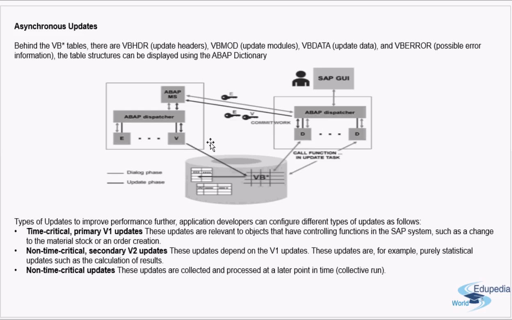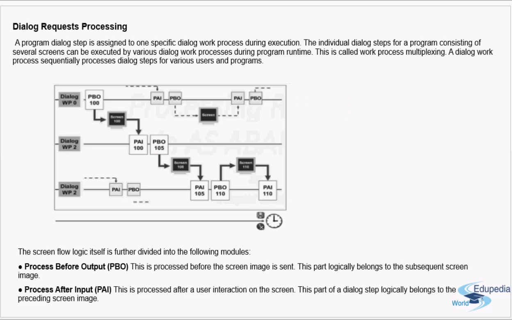So this is about the update work process. Now in this topic, we have started with the dialog work process. These two have to be remembered: process after input and process before output. Depending on these two only, work process multiplexing works.